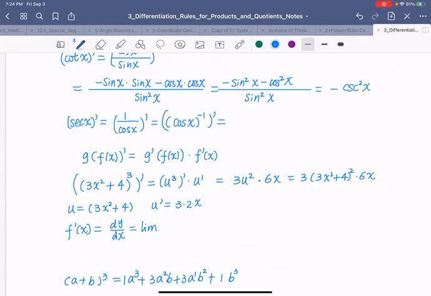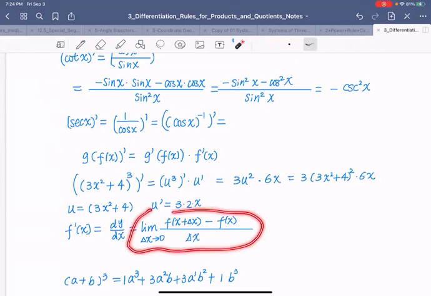When you do the limit, when your delta x approaches 0, f of x plus delta x minus f of x over delta x. This is the definition of derivative. That's what Newton called, and what Leibniz called dy over dx.